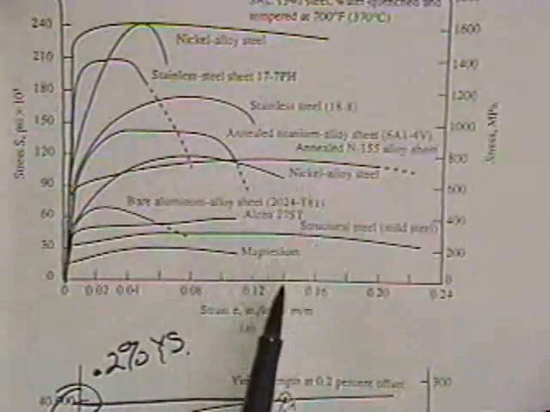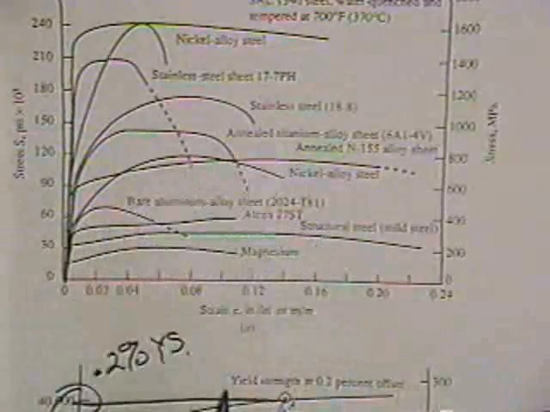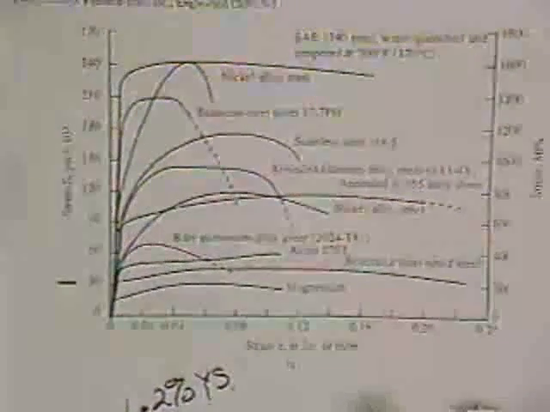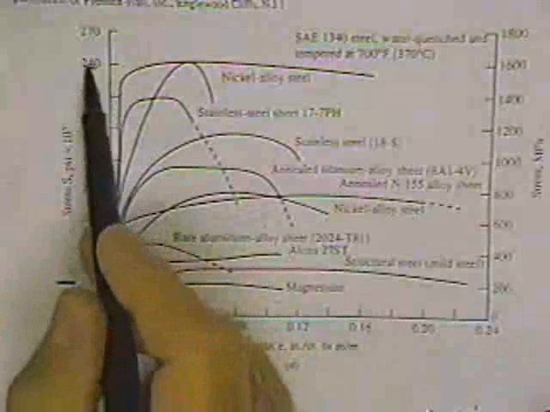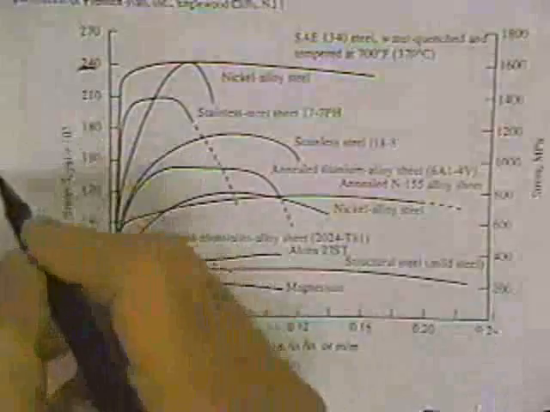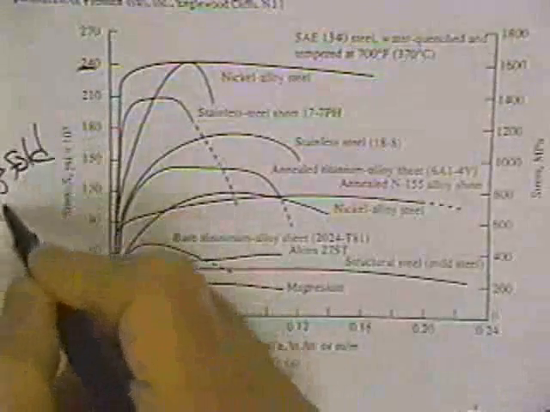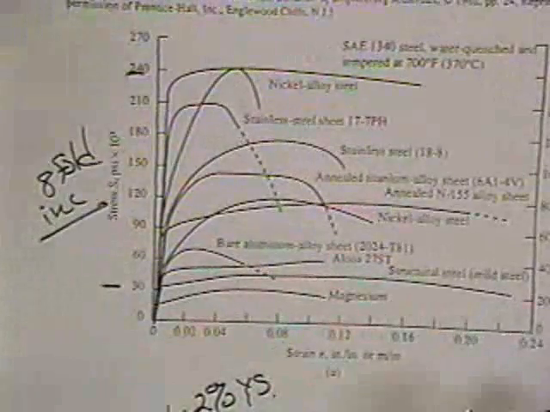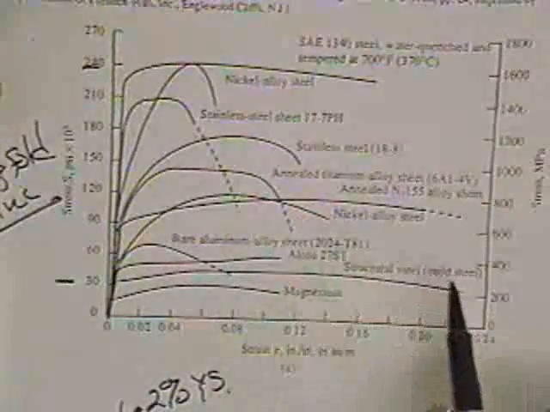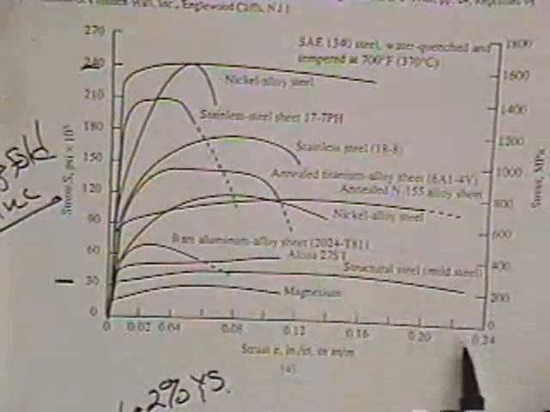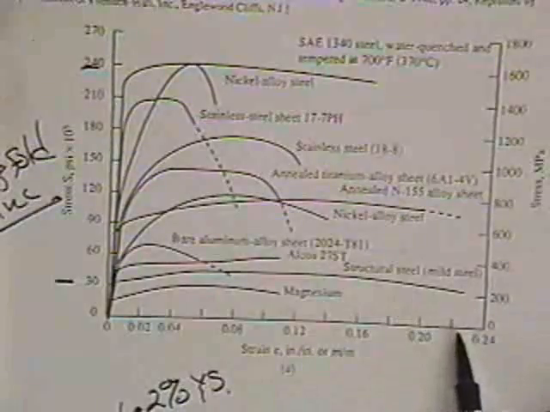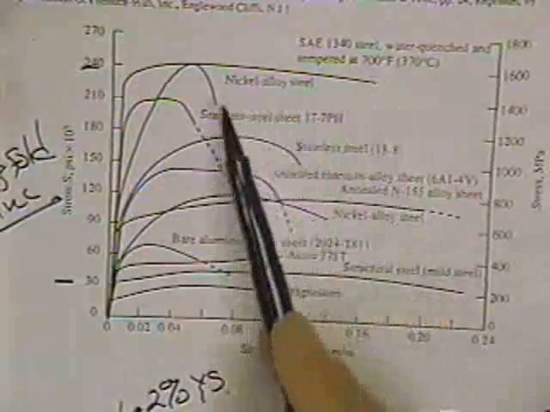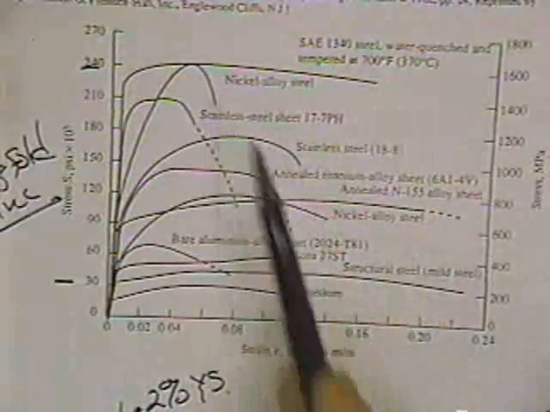If we just take a look at steel, for example, we can find that structural steel can be about 30, and if you go up to a nickel alloy steel, it can be 240, so there can be an 8-fold increase in strength by heat treatment and alloy composition. Correspondingly, you see that there's a great variation in ductility from 25% to something less than 8%.